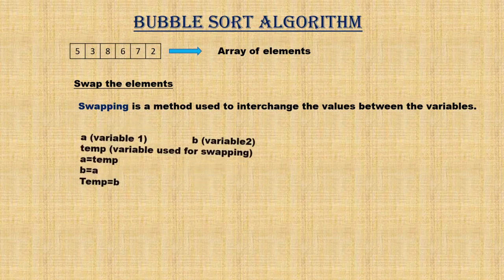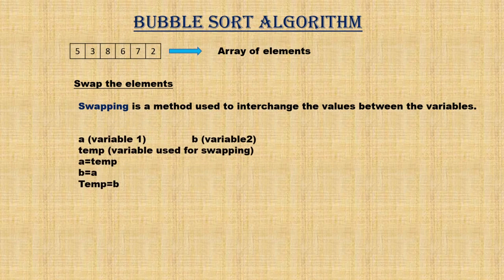Suppose we have two variables a and b. If we want to apply swap for a and b, we need an additional third variable. Here I have taken the third variable as temp.